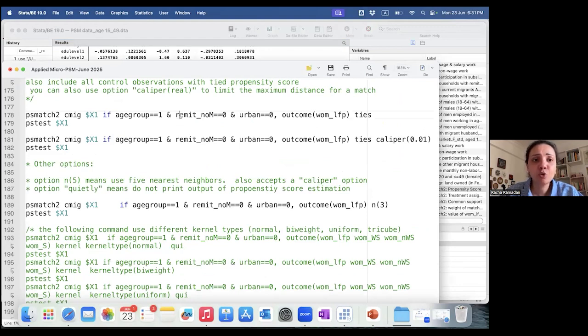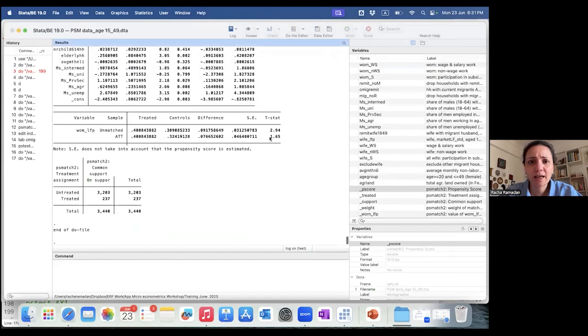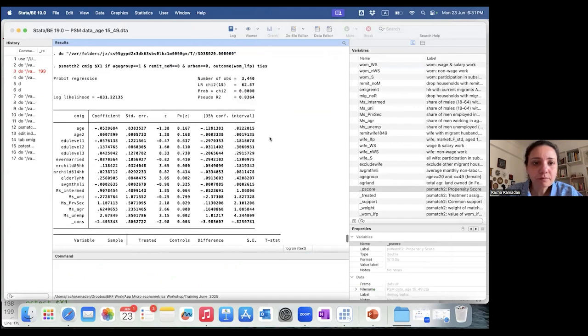Let me do the same thing, but using the closest observation, like ties, like the nearest neighbor in the match. I will run it. So here, instead of kernel as an option, I write the same command, but instead of kernel, I write ties. And let's run it and see.